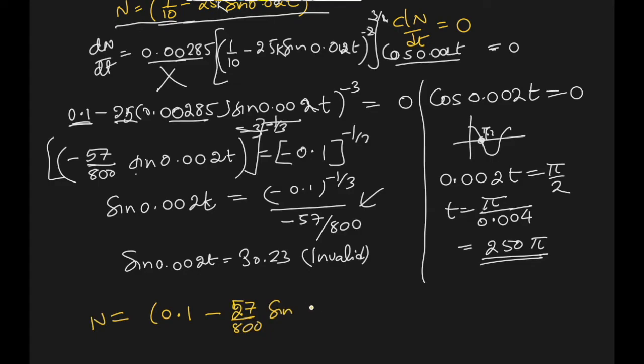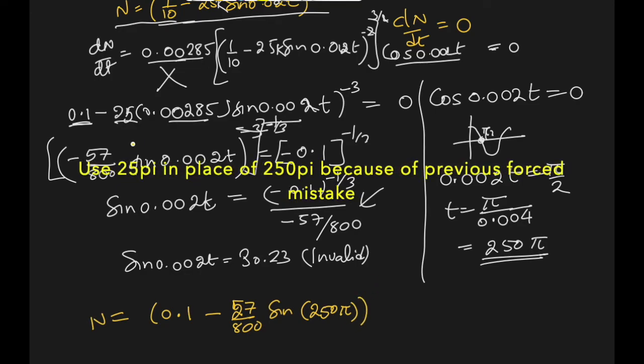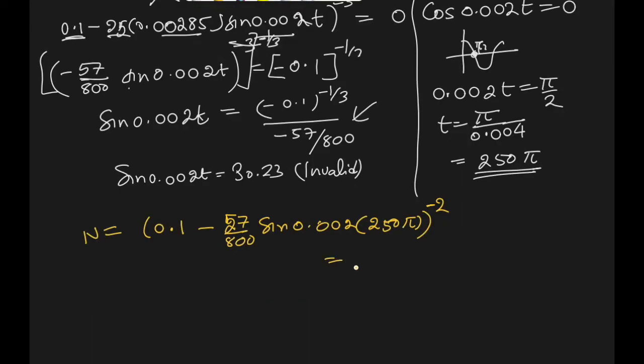Sine, and now 250 pi, and it is power minus 2. Just put this in your calculator and you get the greatest value at t equal to 250 pi, which is equal to 1209.829. If you want to round off to 3 significant figures, it will be 1210. That is the answer for this.